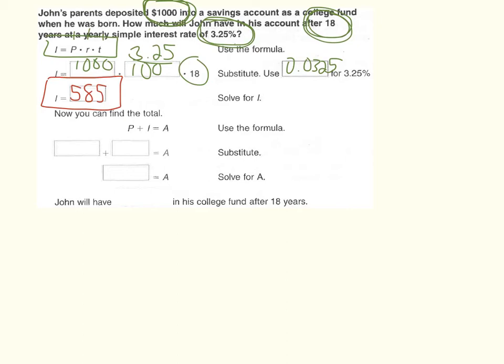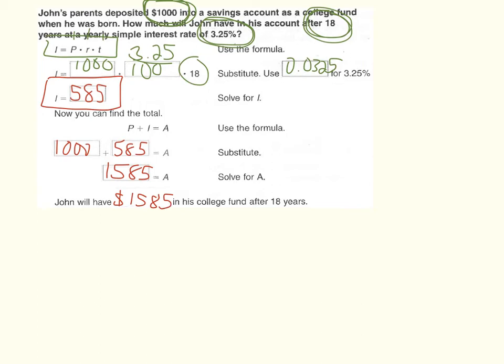But the question asks us how much he will have in his account. If he started with $1,000, he's got to have more than that at the end of 18 years. So if he started with $1,000 and he earned $585, then his total at the end of the 18 years is $1,585.